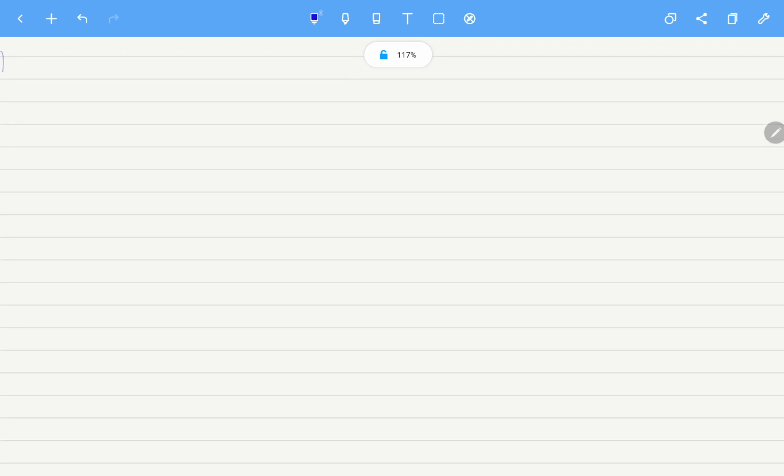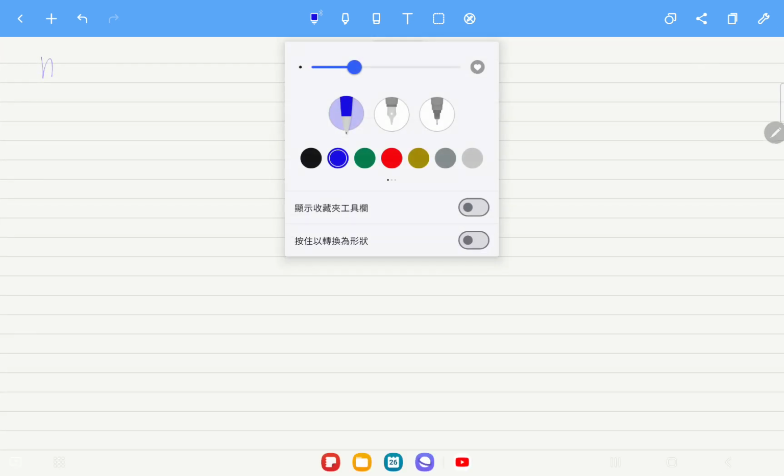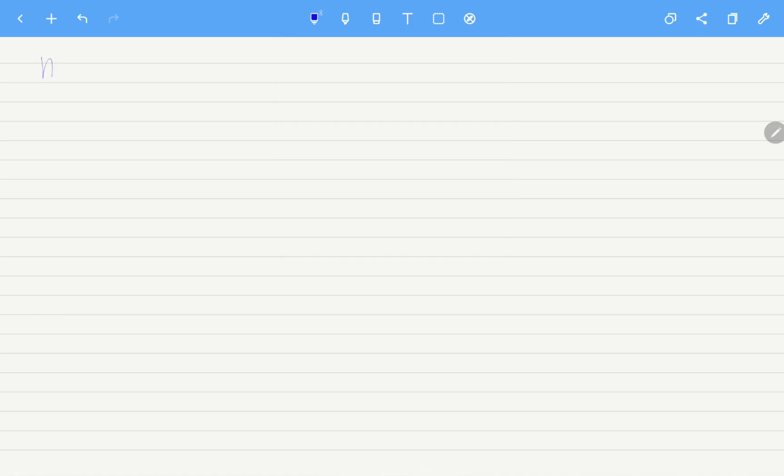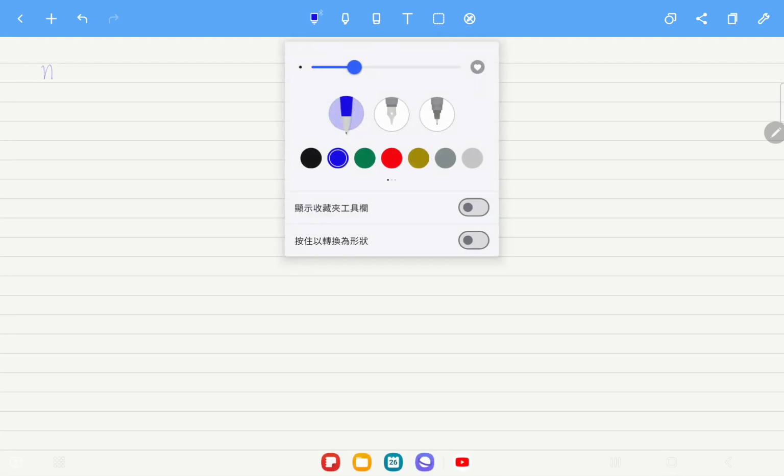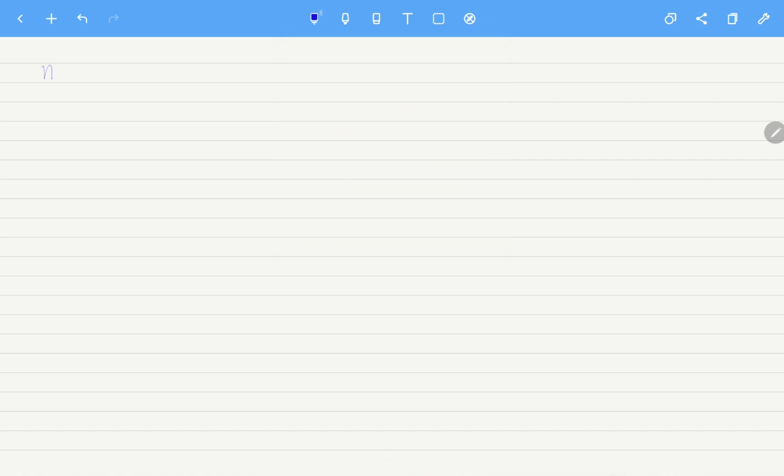Here we have n1 sine of theta 1 equals n2 sine of theta 2.